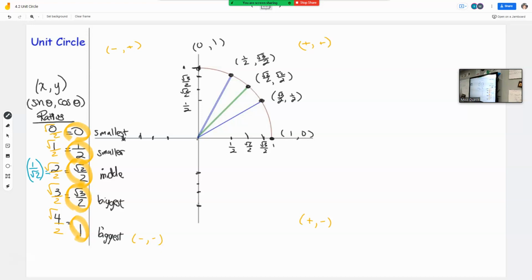But should you also, once you've labeled your axes, just be able to move these distances over a little, over the smaller 1/2, up the bigger, root 3 over 2, over the middle, root 2 over 2, up the middle, root 2 over 2, over the bigger, root 3 over 2, up the smaller 1/2. You can move that way all the way around the unit circle.